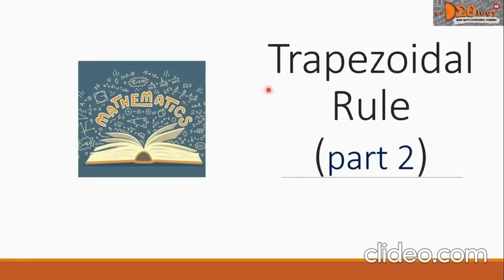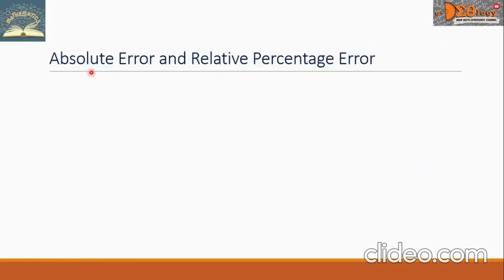Today we're going to study Trapezoidal Rule Part 2. Let's begin with absolute error and relative percentage error. We let capital A be the estimated value and capital B equals exact value.